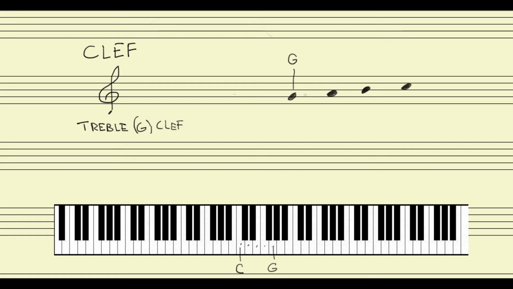So if we know that, we can actually figure out what the rest of these note heads mean. As we go one up from the G, this symbol means play the note that's right above, which is A. If we go up to the third line, that means play the note that is right above, which is B. If we go to the space above that, the third space, that says play the note C. And we can actually keep going from here.